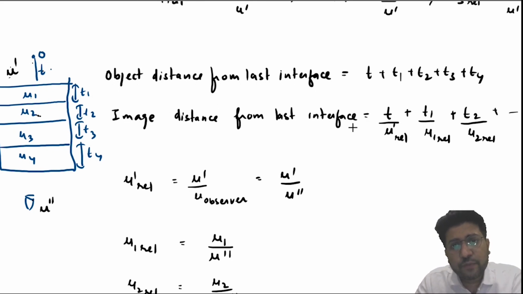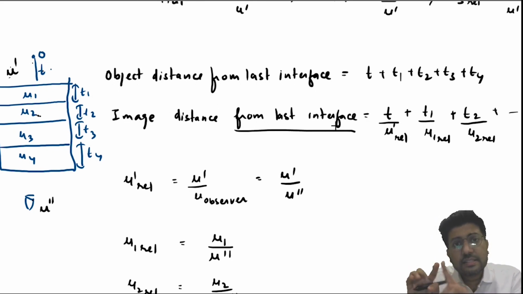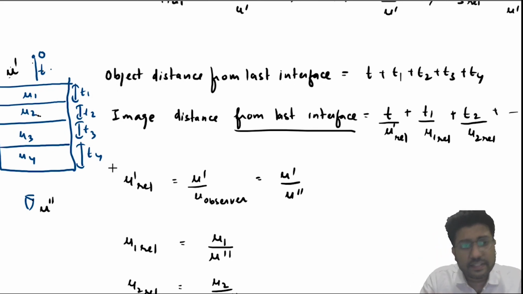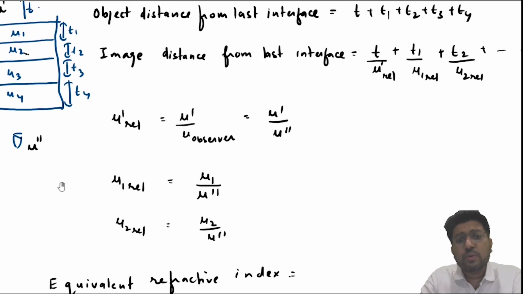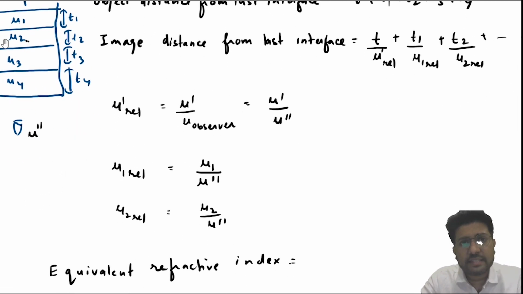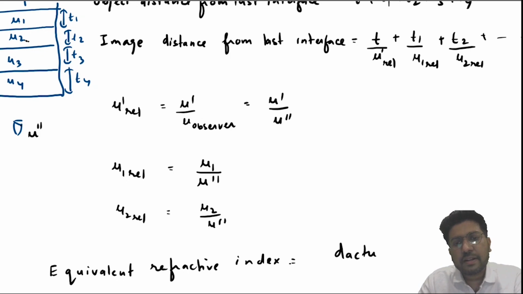This image distance is from the last interface. Okay. So here again I will repeat, there is a term called equivalent refractive index, and equivalent refractive index is equal to actual distance by apparent distance.